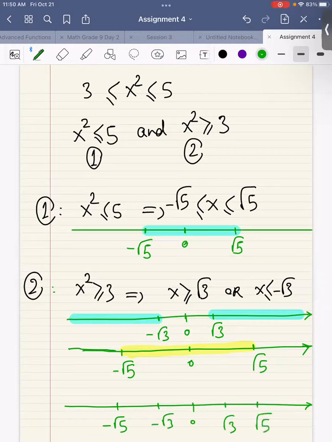So the common part between the blue region and the yellow region would be this green region. Make sense? Yeah.